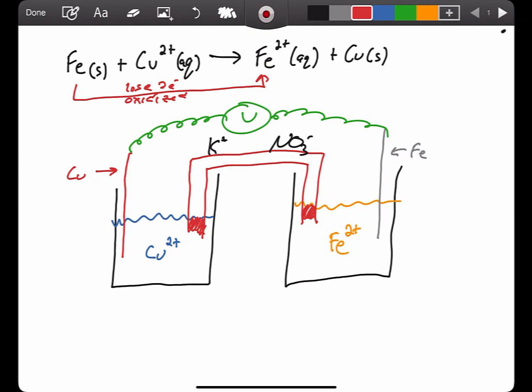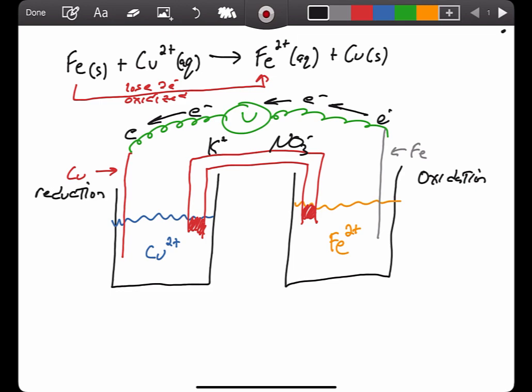So that means that I have electrons coming out of the iron and flowing to the copper. Okay, so that means that my iron is the site of oxidation and copper is the site of reduction.